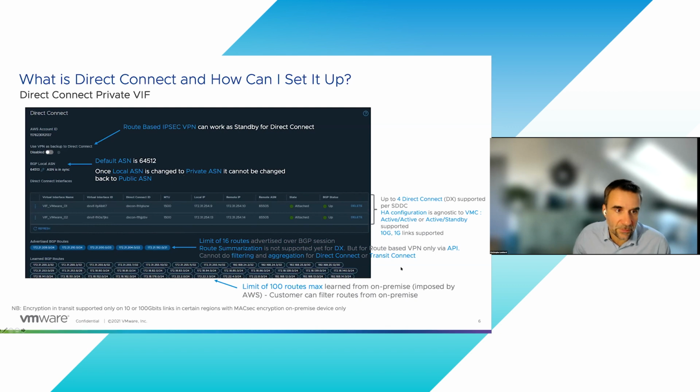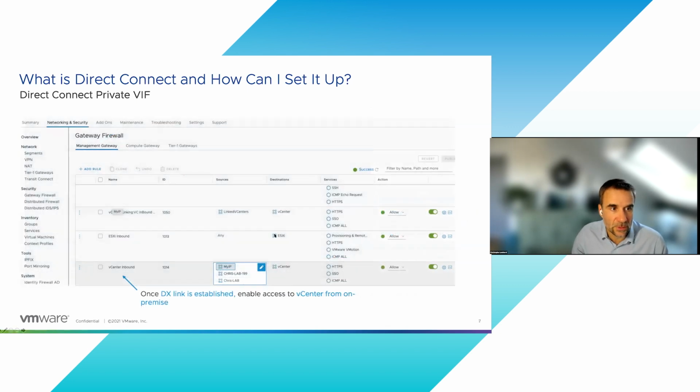Whenever this Direct Connect is established, when you first start your SDDC, there are two kinds of firewalls. There are the north-south firewalls, and the management gateway is basically not following anything. So as long as you have Direct Connect, you need to enable access to the vCenter by creating this inbound rule.